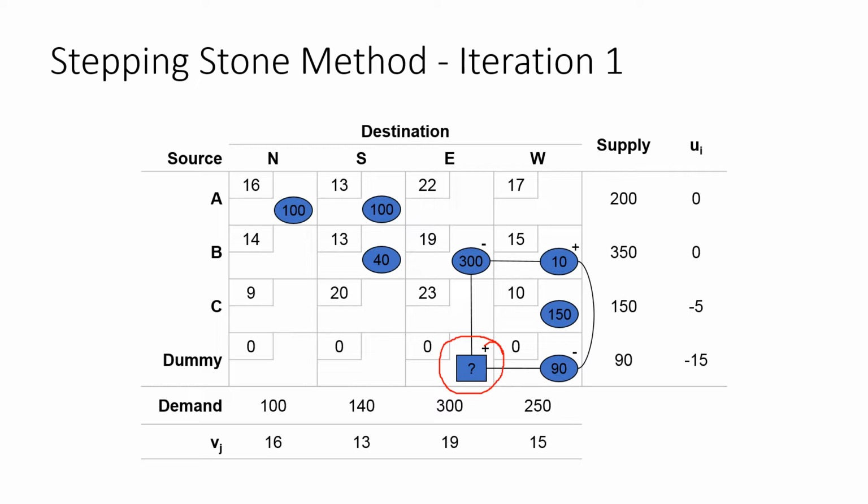That method says, starting from the entering variable, you can go left, right, up, or down, stepping only on basic variables, and thus the name stepping stone, meaning that those basic variables become like stones you can step on. So starting in this cell, I cannot go left because there are no basic variables. I cannot go down because there are no cells at all. I can go either right to this basic cell, or up to this basic cell.